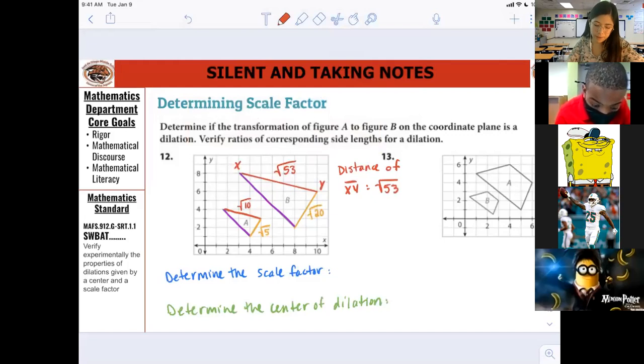Now let's think about square root of 5 and then square root of 20. Okay. Let's rewrite the square root of 20. How can I rewrite square root of 20? Good, Perla.